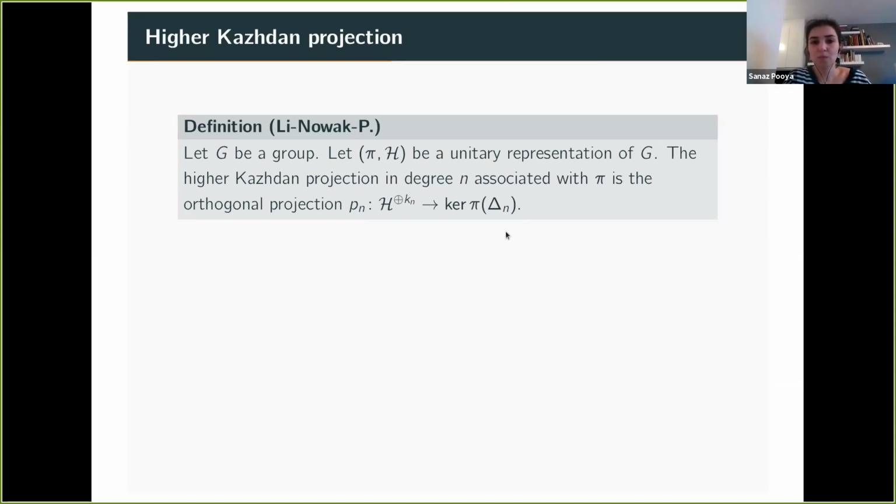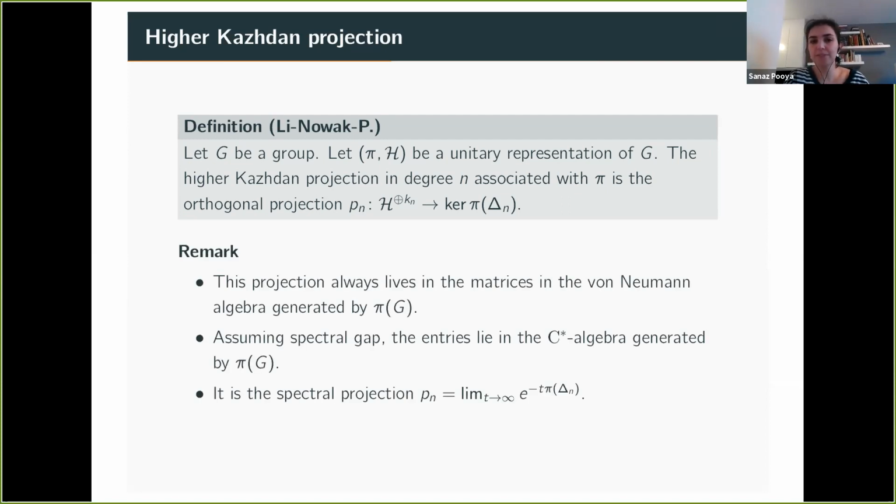So this projection lives always inside the matrices over the von Neumann algebra generated by pi g. But maybe the interesting situation for us is when we can view this projection inside the C-star algebra, because then we can study K theory and find the connection to K theory of various C-star algebras, wherever this projection lands.